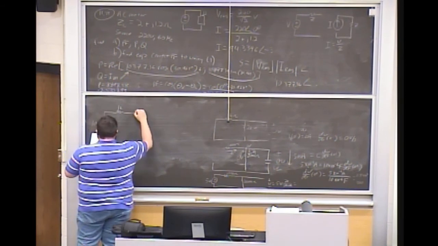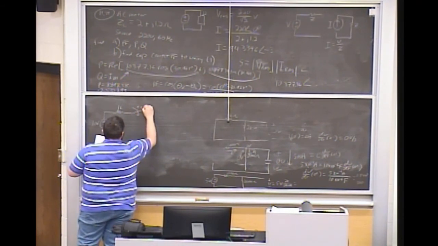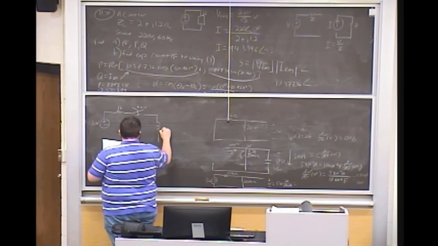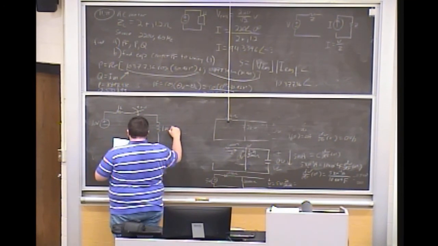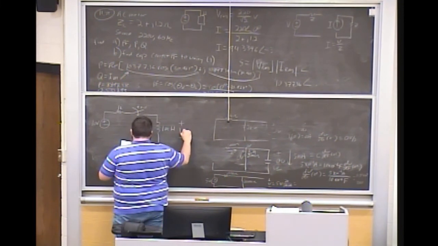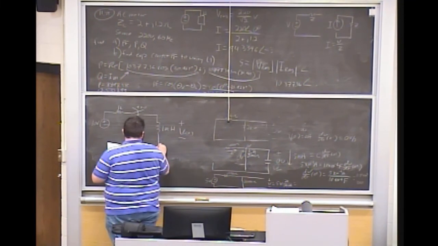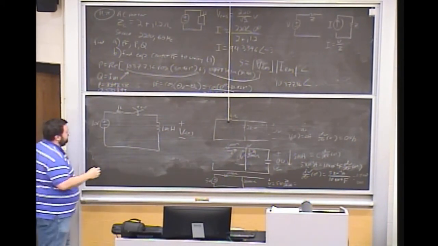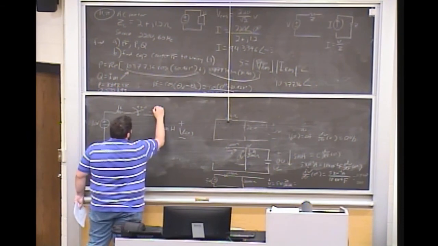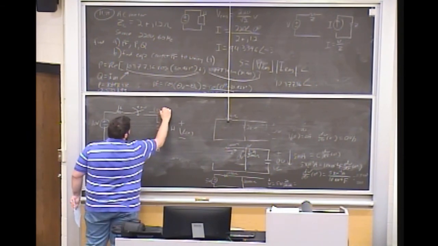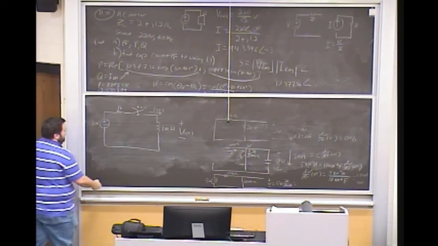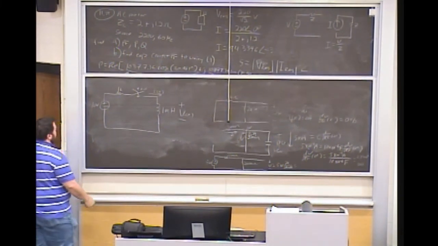You had a switch that is closing at t equals 0. And then you had a 1 millihenry inductor, and you're told this is V of t, the voltage across the inductor, and this is I of t, the current. It's just one big serial loop. So you were asked to find V at infinity, and you were asked to find I at infinity.